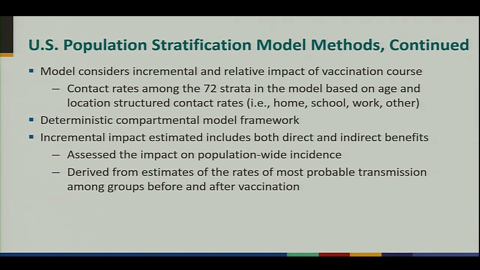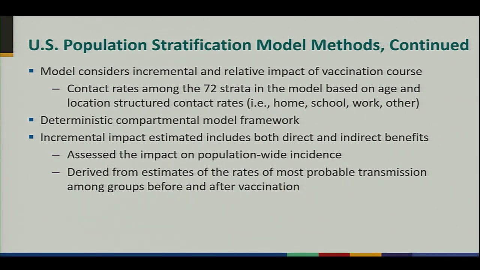The model considered the incremental and relative impact of vaccine courses and looked at contact rates among the 72 strata of the model based on age and location-specific contact rates in home, school, workplaces, and other.